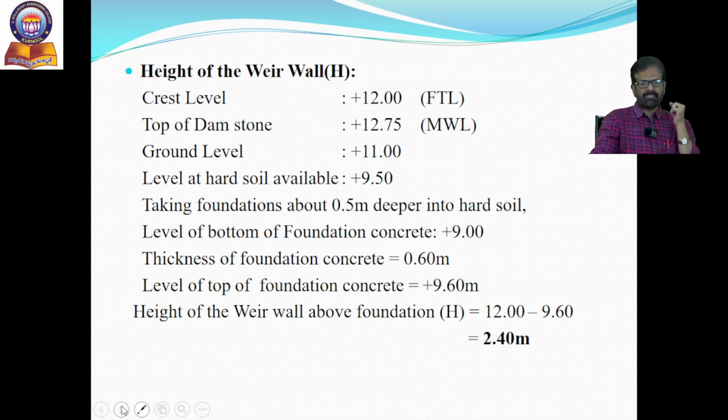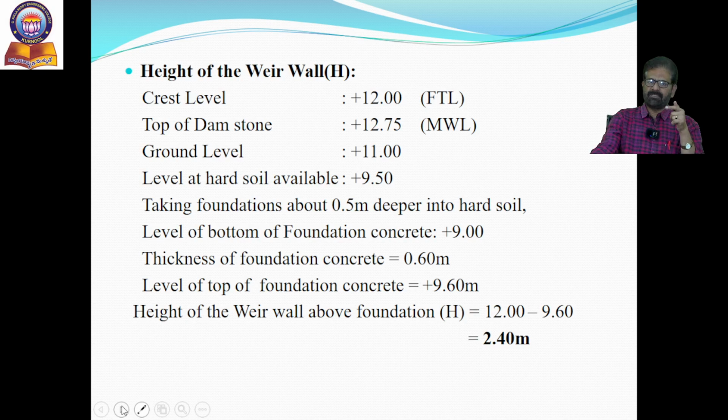And the next thing is the level at which hard soil is available, that is below the ground level. For foundation concrete, we need to excavate up to the hard soil. Taking the foundations about 0.5 meter deeper into the hard soil is the general rule. So for a further factor of safety, we go 0.5 meter deeper into the hard soil. That means even though the hard soil is available at plus 9.5 meters, we are going further 0.5 meter down.